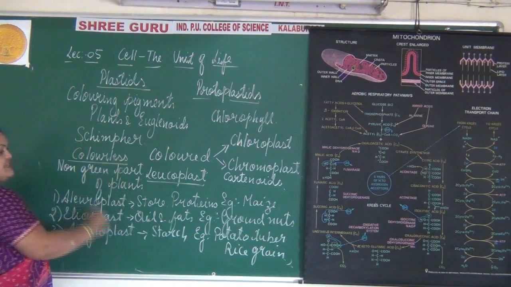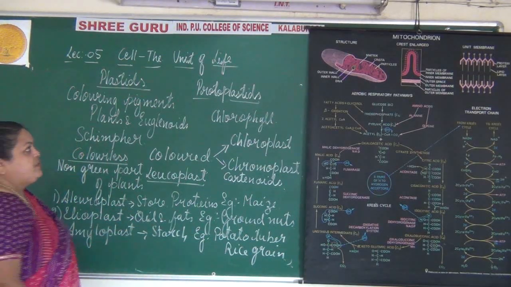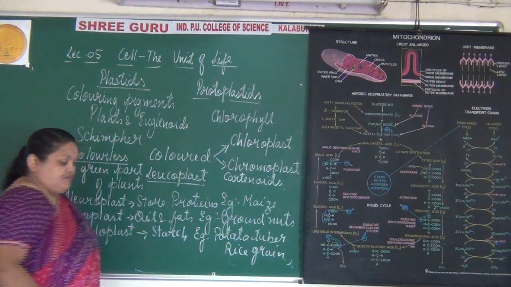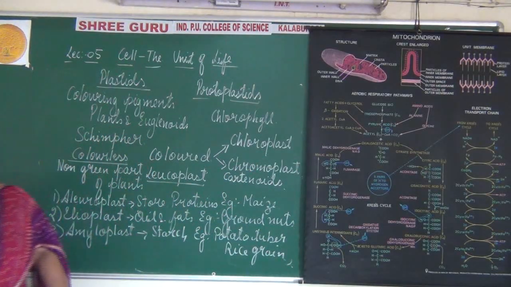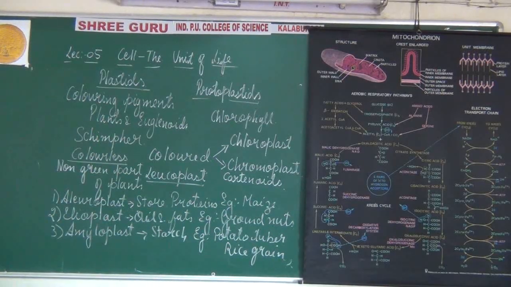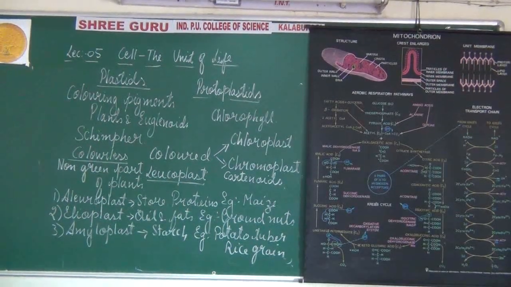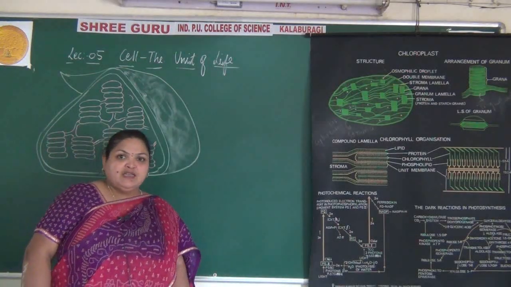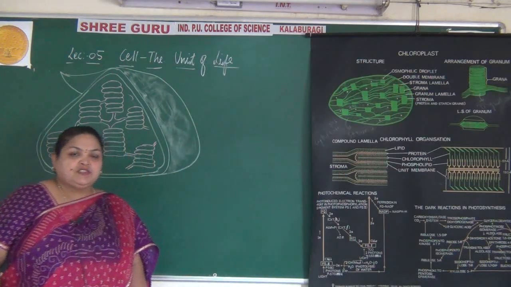Hope the chloroplast is clear to you all. Now next we will go with the structure of a chloroplast. So in the plastids, there are colored plastids and colorless plastids.